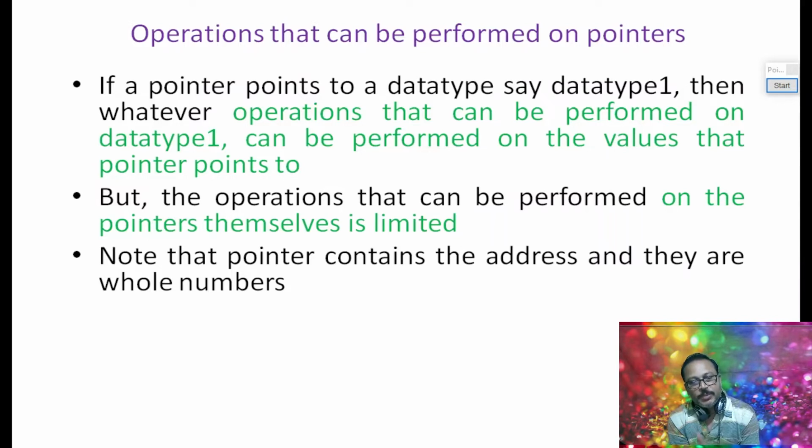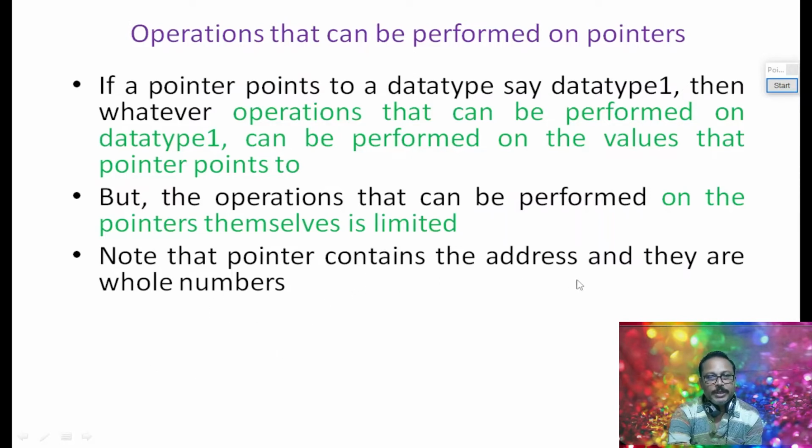If the pointer is pointing to an integer, whatever operations can be performed on integers can be performed on the data it points to. The operations that can be performed on the pointers themselves are limited.